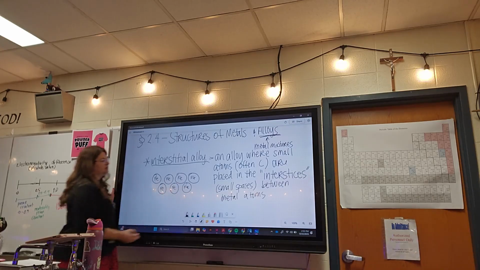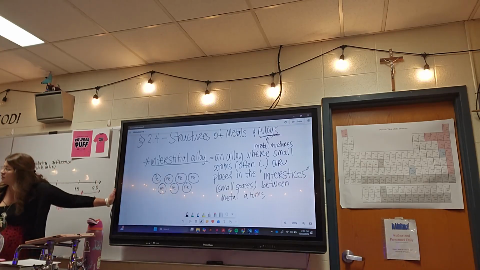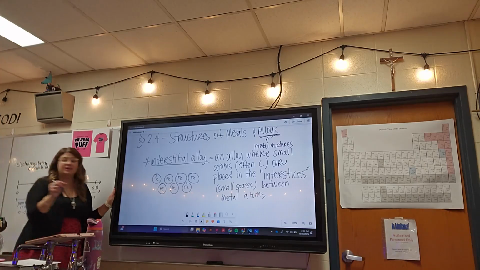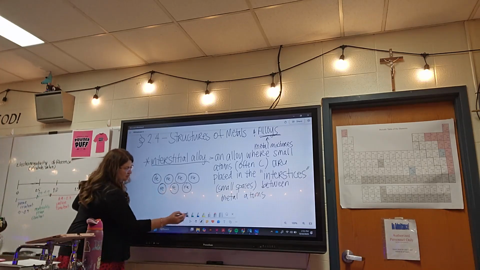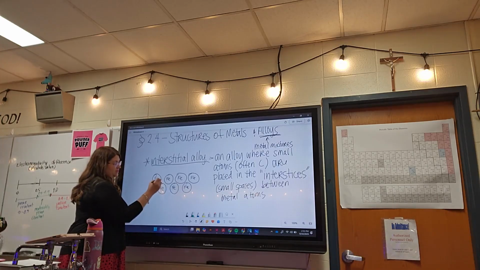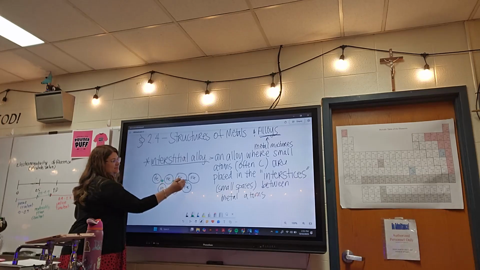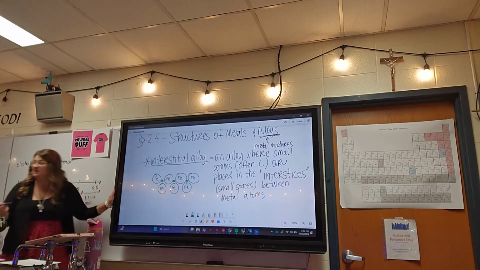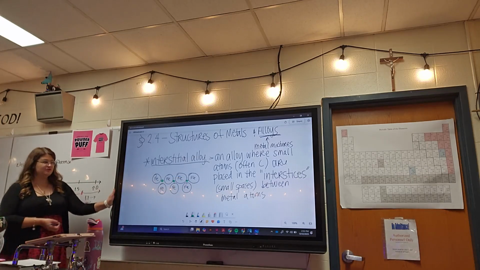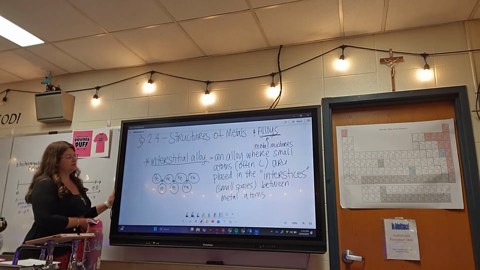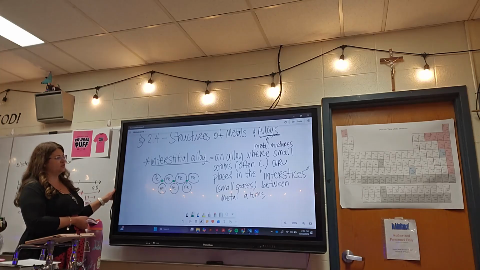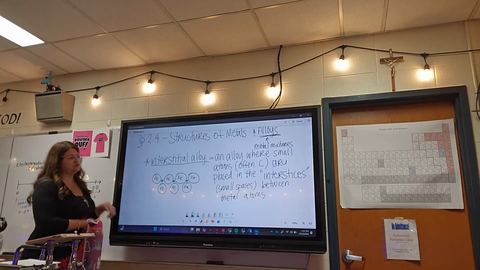So how do you make carbon steel? You put little carbon atoms, which we're going to pretend are green, in the interstices. Those are the little spaces in between, the interspaces, so that you add strength and durability.